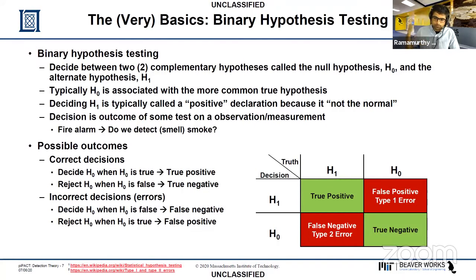Now, with the binary hypothesis test, there are 4 possible outcomes. The first pair are the correct decisions. I made a typo here; these are all supposed to say H0. Apologies, I'll fix this in the slides later.